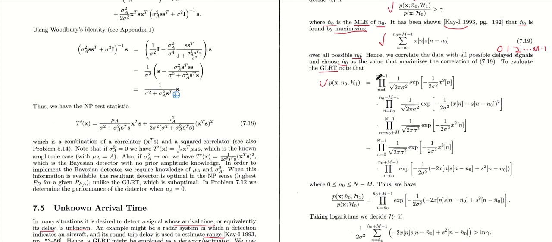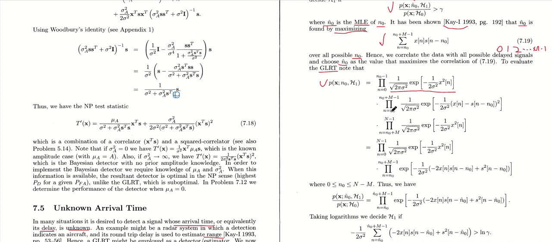So we write it out as a Gaussian distribution multiplied by the part before the signal appears, from 0 to N0 minus 1, which is purely Gaussian, because before N0 it's only a Gaussian distribution with zero mean.